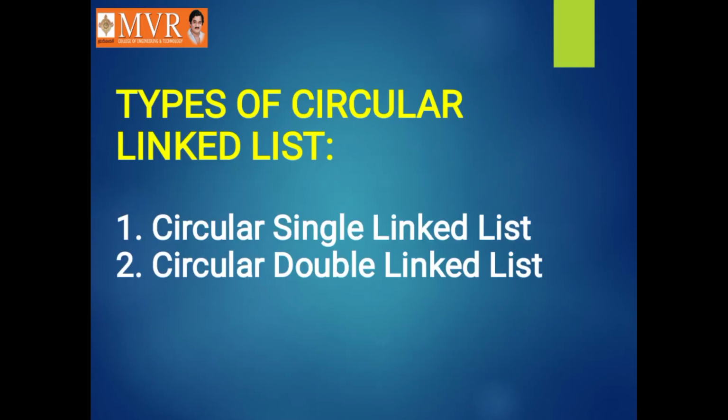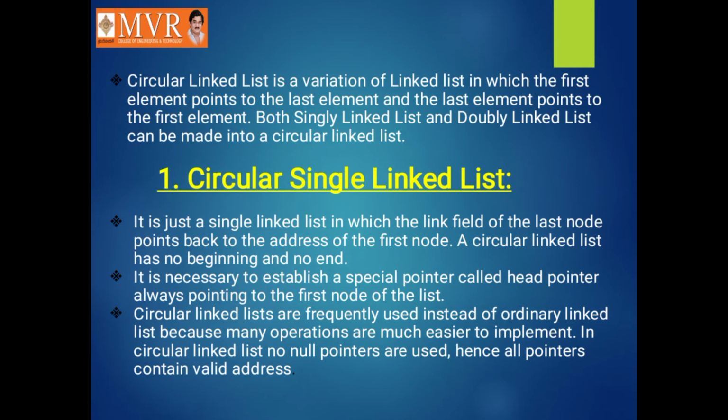Now coming to the types of circular linked list. Circular linked lists are of two types: circular single linked list and circular double linked list. A circular linked list is a variation of linked list in which the first element points to the last element and the last element points to the first element.